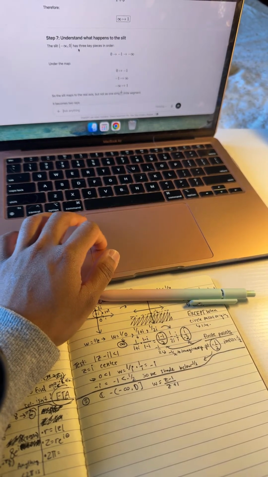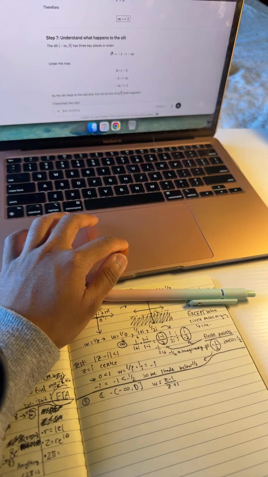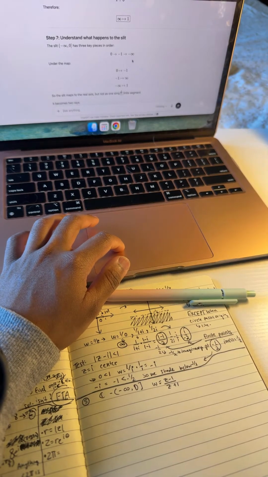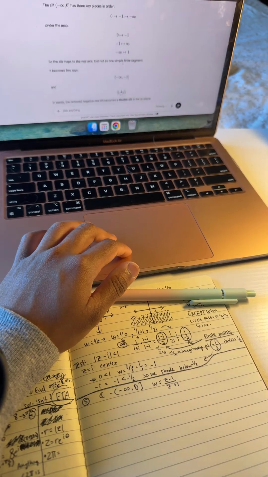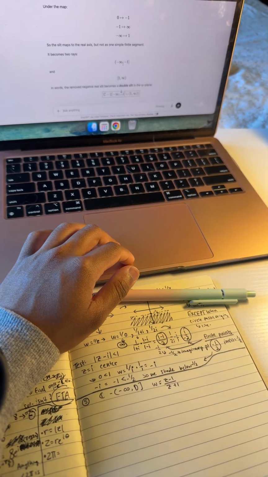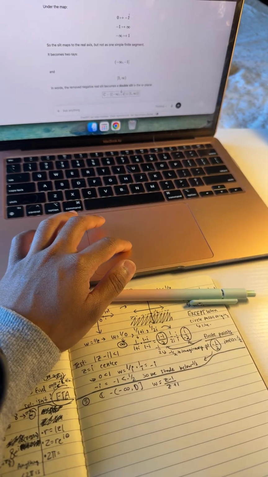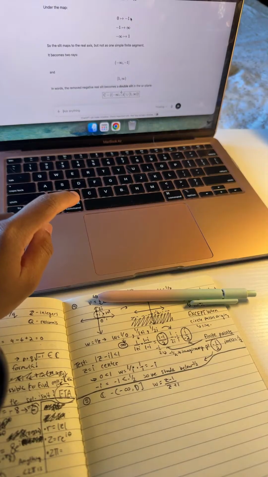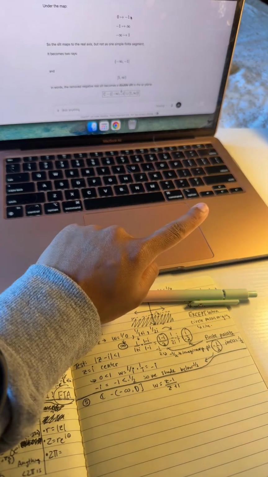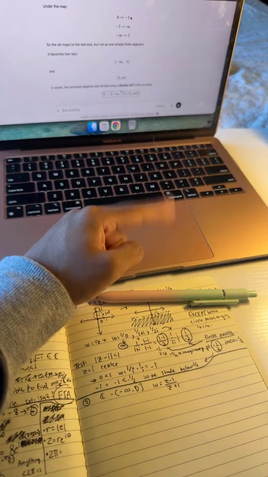The slit negative real axis has 3 key pieces in order: 0, -1 to negative infinity. Under the map, it becomes 2 rays. So 0 to -1, that way; -1 to infinity; and then negative infinity to 1.